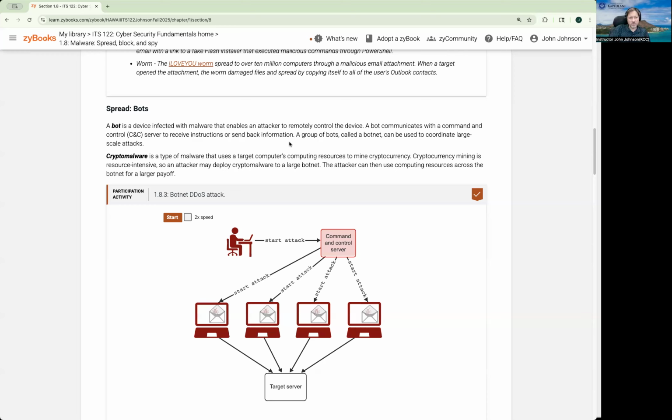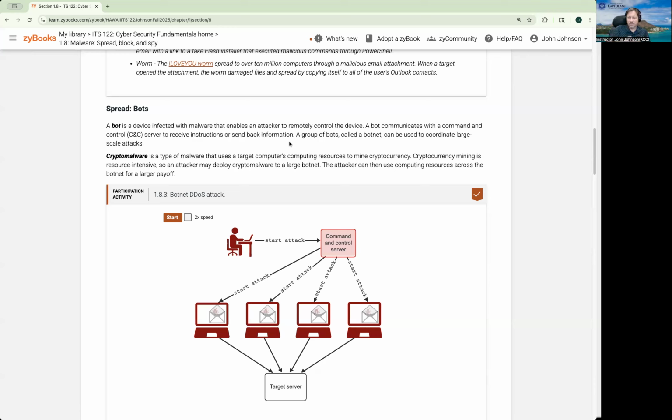Another type of thing that's out there is crypto malware. This is kind of a recent thing since cryptocurrency came about. People may have heard about cryptocurrency mining. So you've got things like Bitcoin, Dogecoin, all these different things where you need computing power to actually do work. And if you do enough work, you get a fraction of a coin.